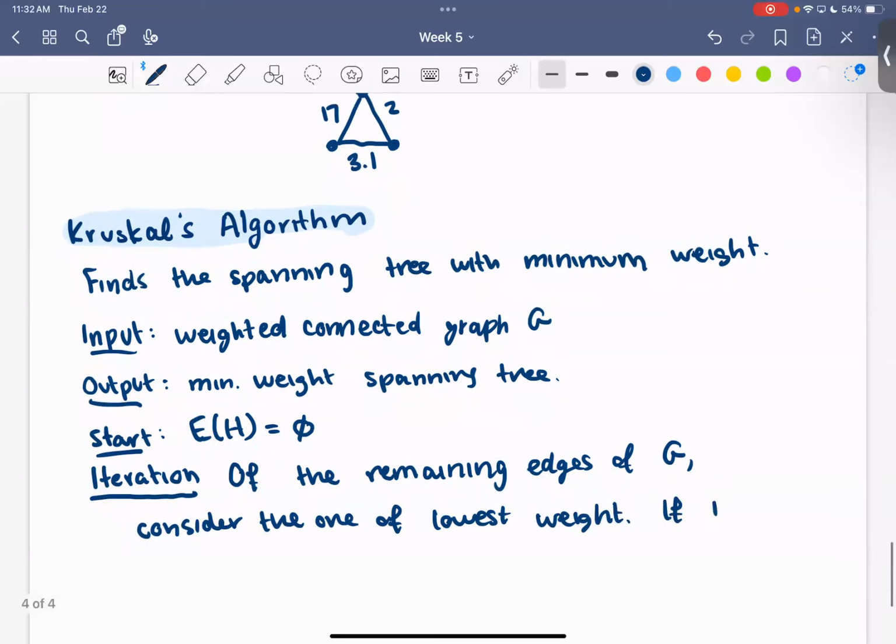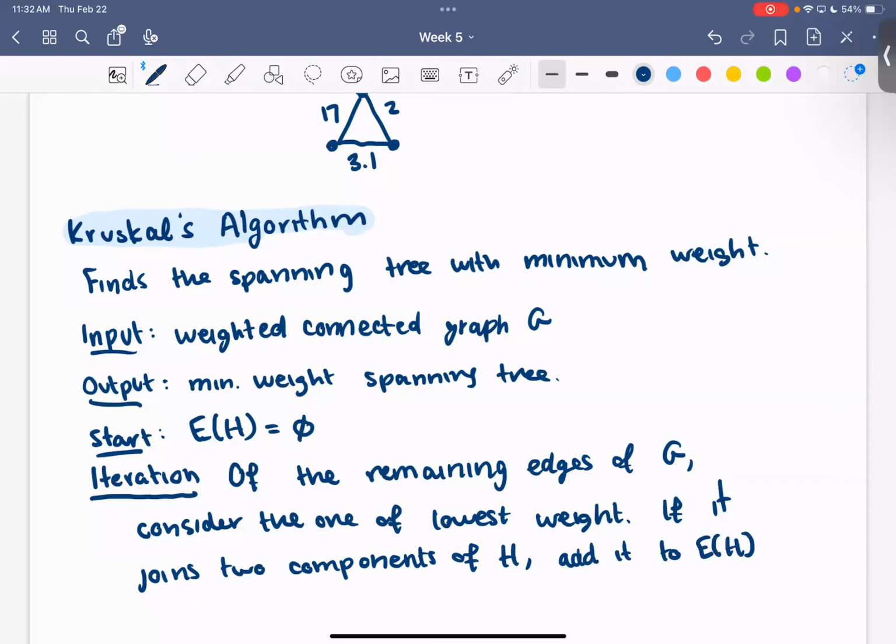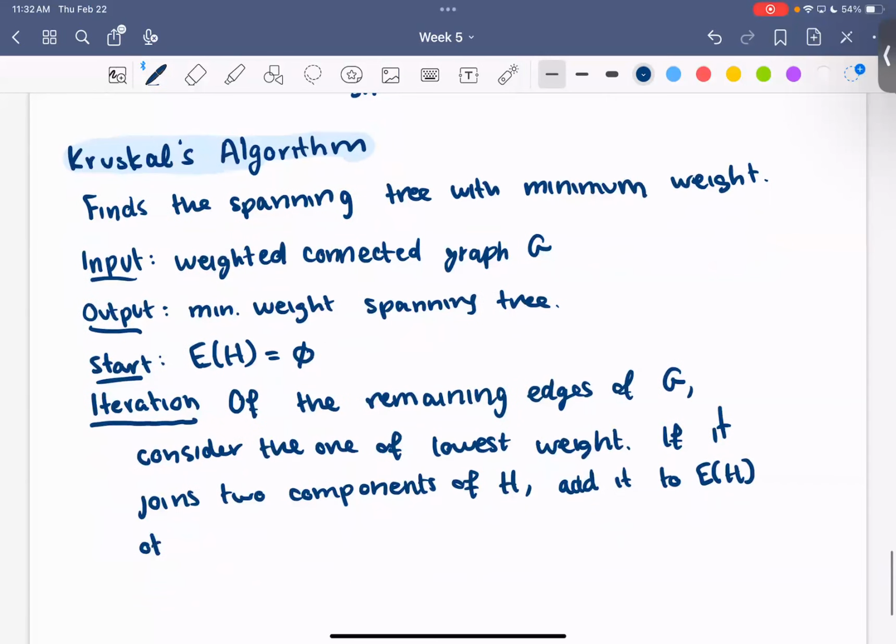If it joins two components of H, then we'll add it to E of H. Otherwise, we'll discard it.